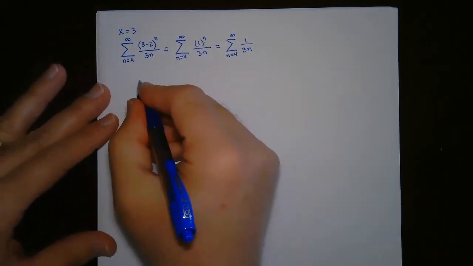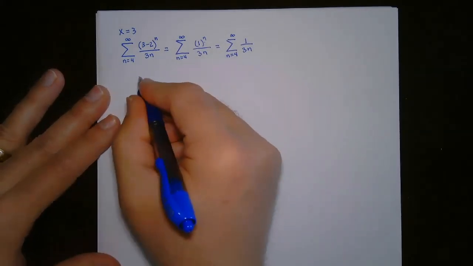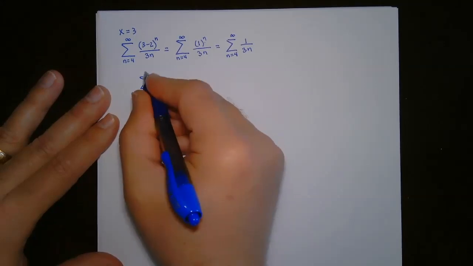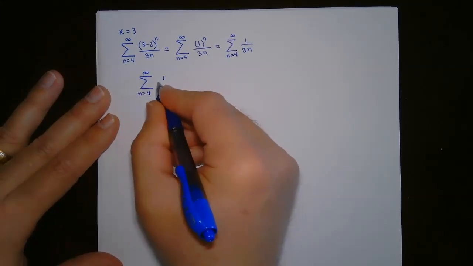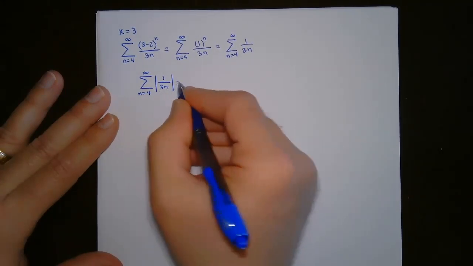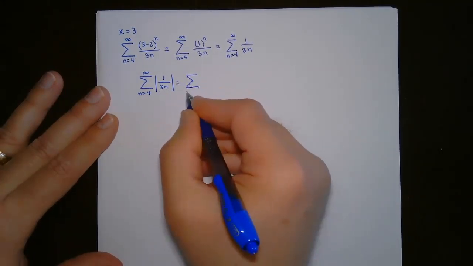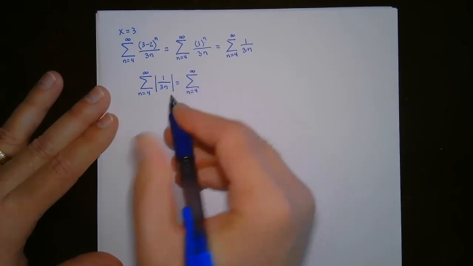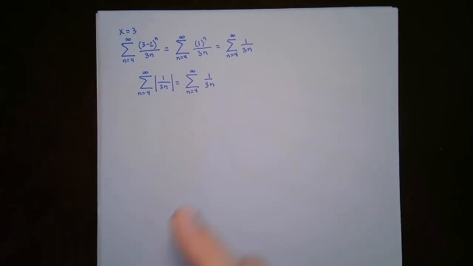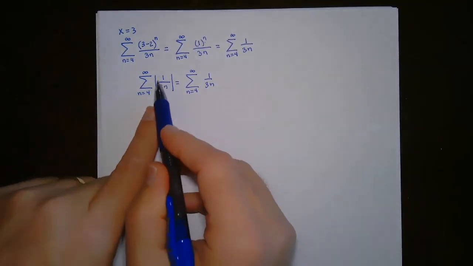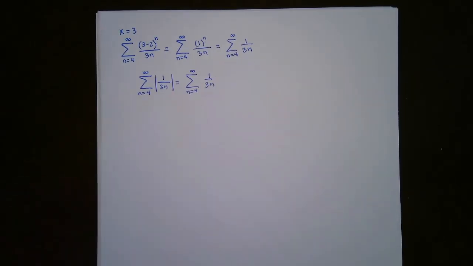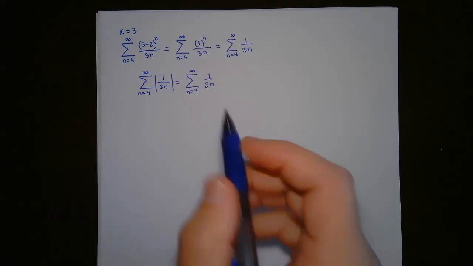And so, all right, if we check the absolute convergence of this, sigma n equals 4 to infinity of the absolute value of 1 over 3n, which gives you sigma n equals 4 to infinity of, okay, so this is just going to be 1 over 3n, right? So by doing this, when we take the absolute value of the terms, that's the same as the original series, right? So we're going to establish whether this is absolutely convergent or it's divergent, okay? Now, what do we know about this?